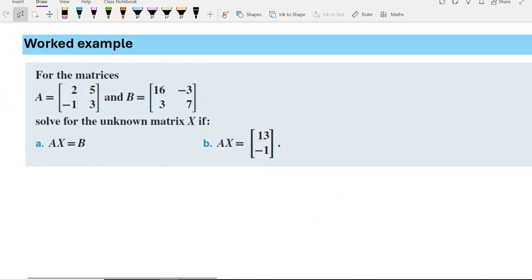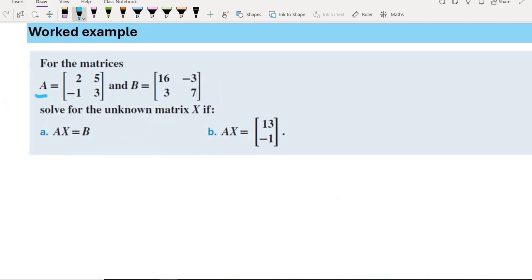Let's do an example here. We've got our matrix A, matrix B, and we're solving for the unknown matrix F. Again, we want to get rid of this A by bringing it to the other side, but it's now the inverse of A. To find it, in the calculator you write A, put it to the power of -1, times all of this.